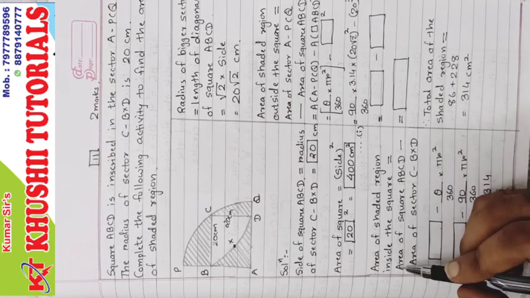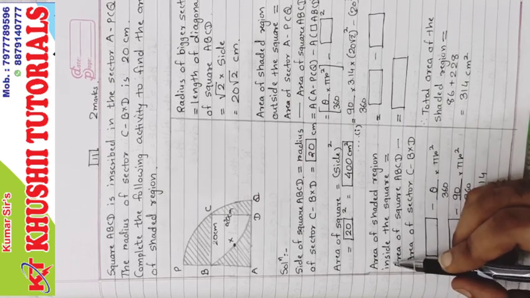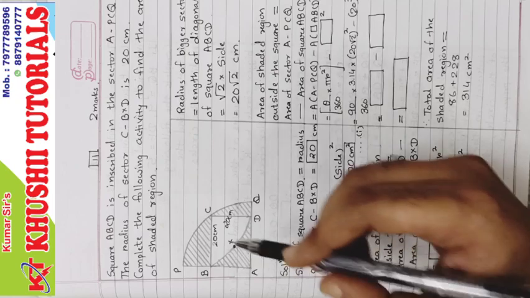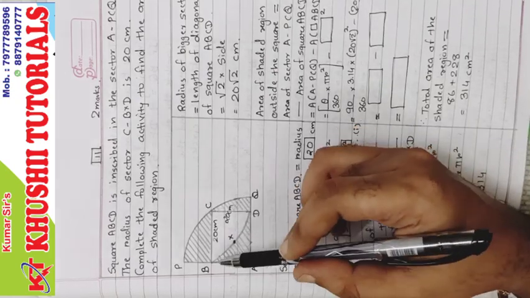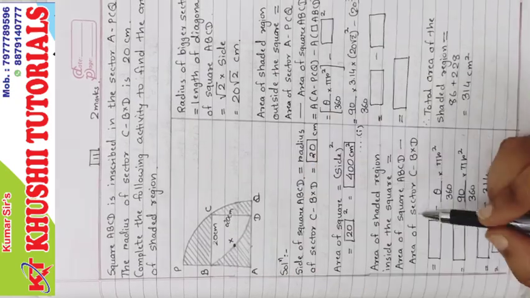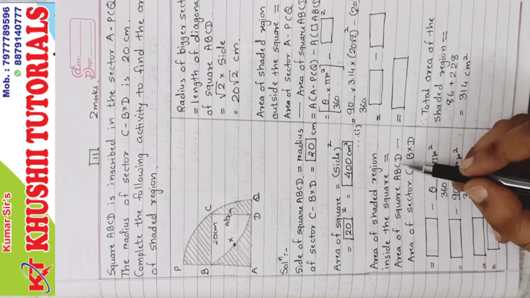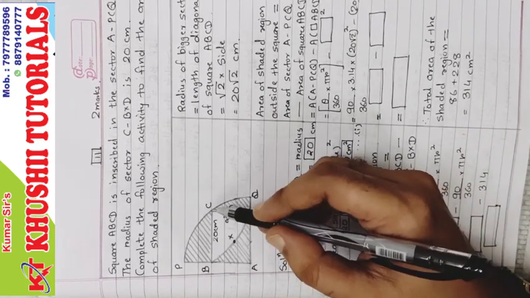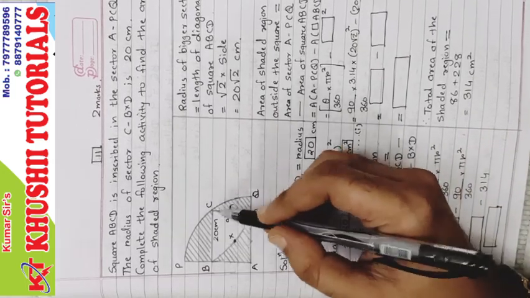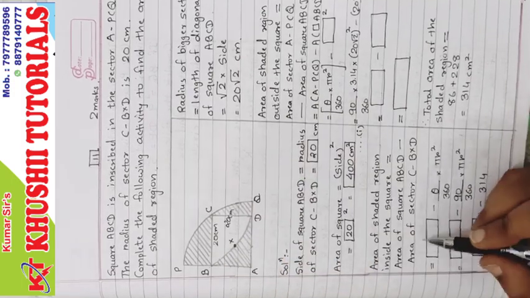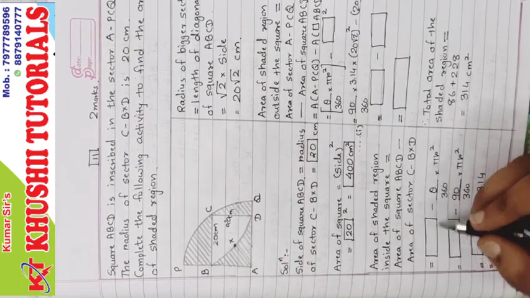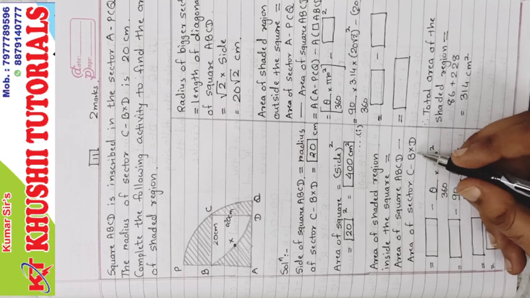Now area of the shaded region inside the square equals area of square minus area of the sector CBXD.